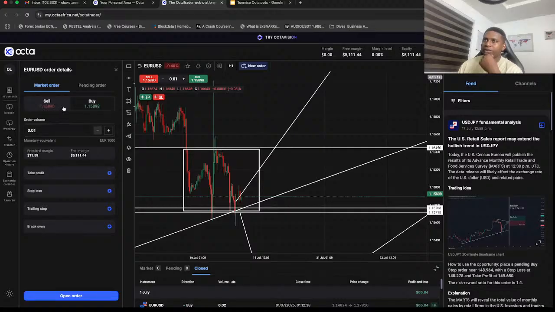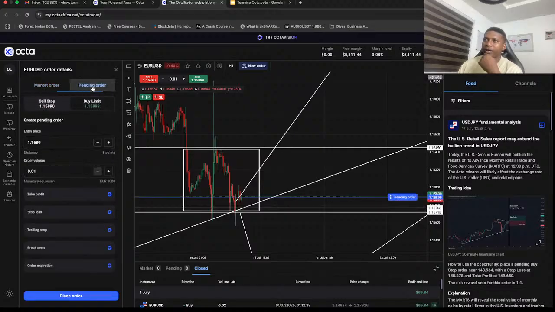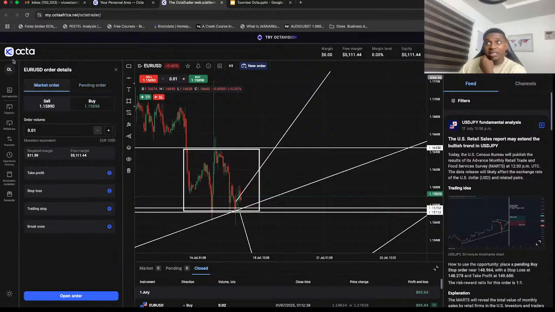Now I'm going for a pending order, as you can see. There is a market order, and this is the Octa trader platform. There is also a pending order.